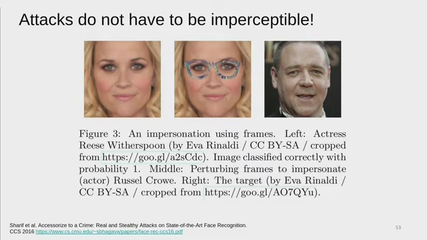By changing those exact pixels with this funky set of glasses that has been overlaid, it pushes the classifier to decide this is Russell Crowe and not Reese Witherspoon. So there are different sets of perturbations. The rest of the image remains the same, and only some of it is changed. Still surprising, but also interesting to see.